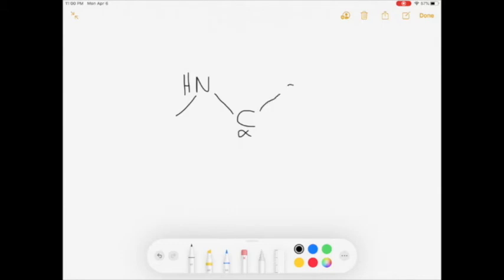And then we have the carbonyl group over here, and then we have the hydrogen. So this wedge means that the hydrogen is coming out at you. And then the dash shows the R group is going behind. So that's the tetrahedral look that all the alpha carbons in the peptide backbone have.